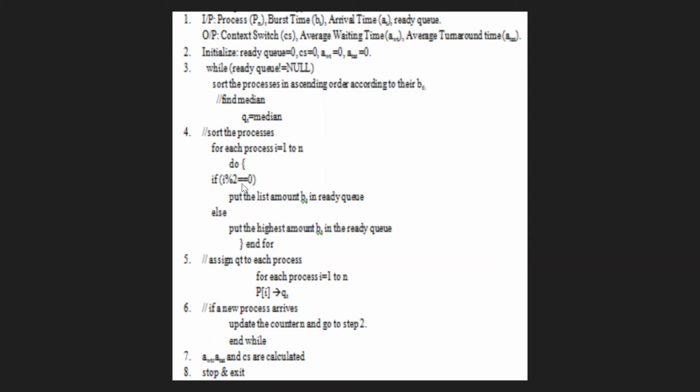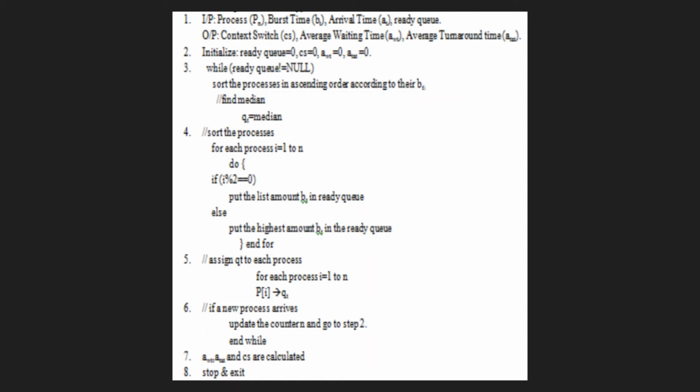So the head of the ready queue is going to have the most amount of burst time. And then the second process in the ready queue is going to have the least amount of burst time required to finish the process.